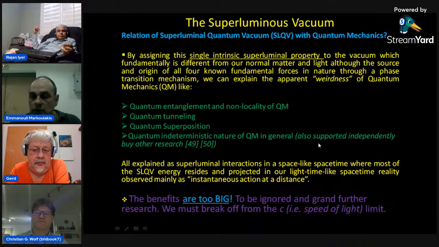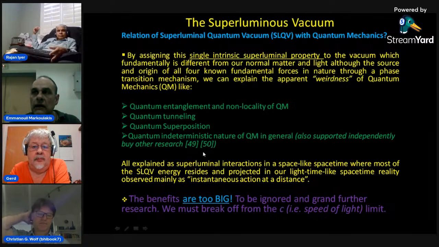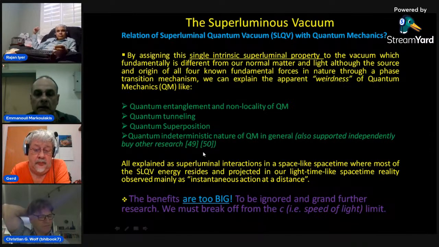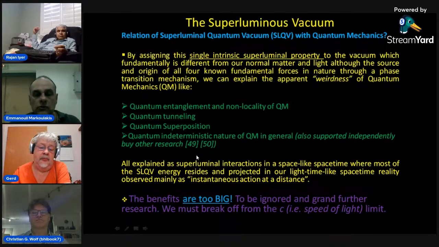This is also supported by two independent research papers, which you can find here under these citation numbers. The authors are Dragan and Eckert. Eckert is also one of the famous fathers of quantum cryptography. These papers were published in 2020 and 2021.